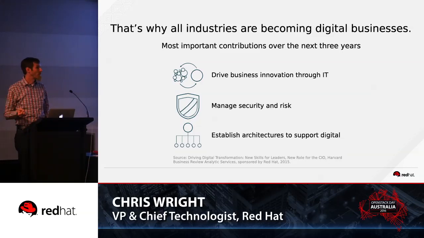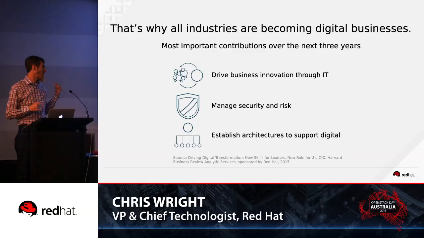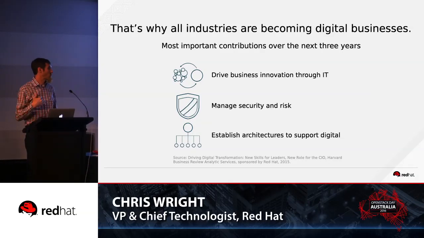We did a survey with Harvard Business Review that showed three key themes on the minds of CIOs. And the first theme is they're trying to drive core innovation through IT.